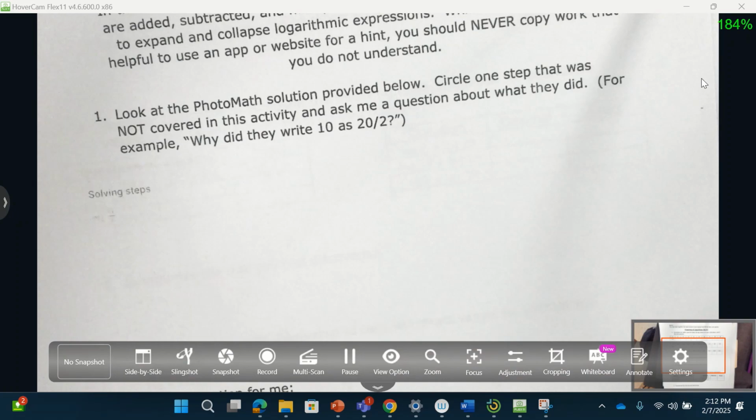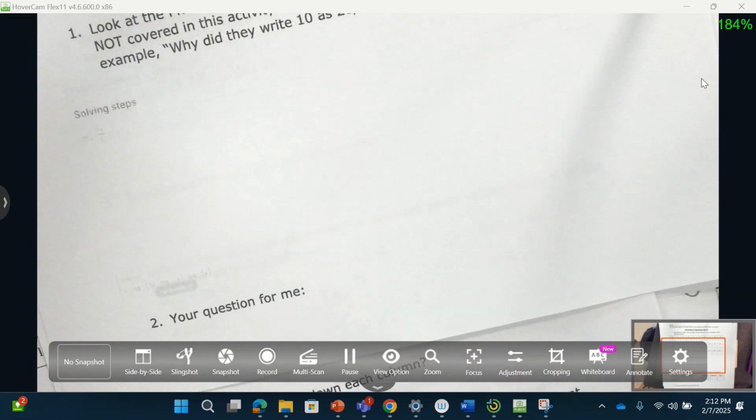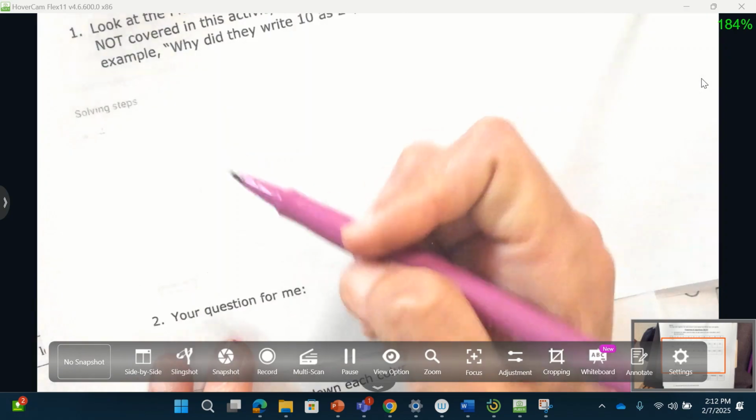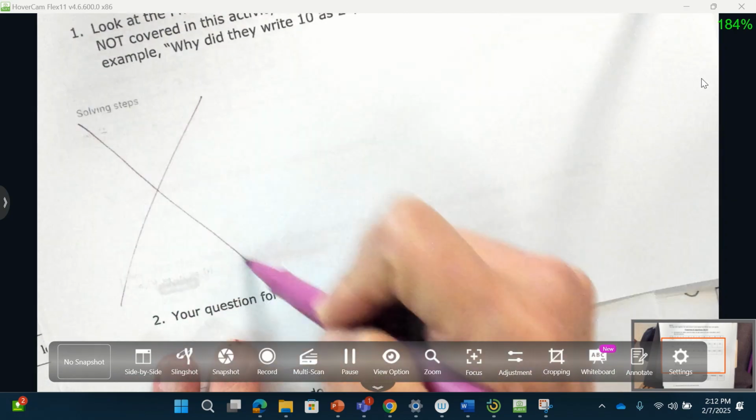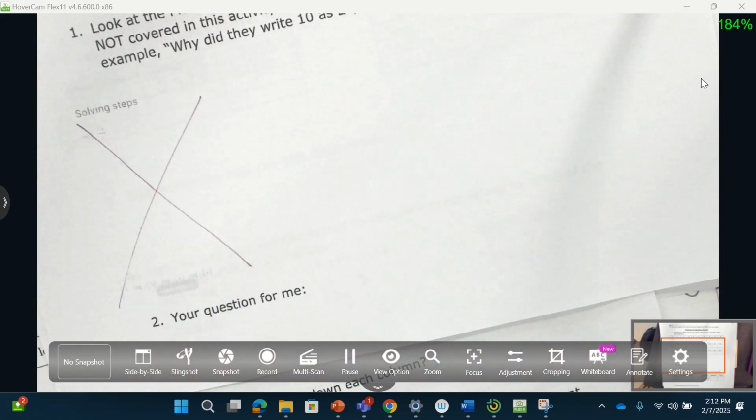Now the last part of it was awesome, okay? It was about not copying work you don't understand, but you will notice that this did not photocopy at all. If you're accessing the online version, there's a chance that you might be able to see this on the online version. It just, when it was printed and then photocopied, no one in class could see it.